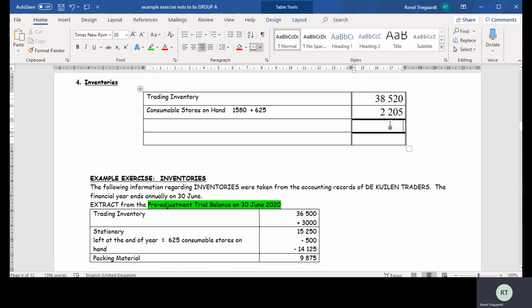What is the total inventories on hand? I'm going to add 40,725. Same adjustment that we've done previously, just from the balance sheet perspective. Are you fine with this? Anybody a problem? Anyone? Are you okay? Are you fine? Sure? Okay.